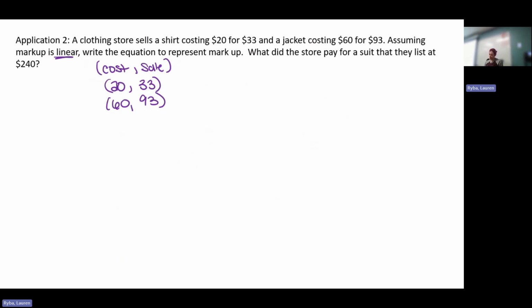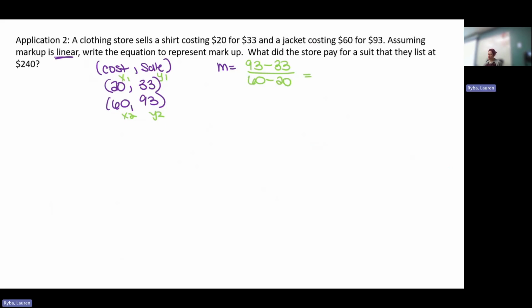So if we have 2 points, our first step is to find the slope. So let's see, we have x1, y1, x2, y2. y2 minus y1, so 93 minus 33 over x2 minus x1, that's 60 minus 20.